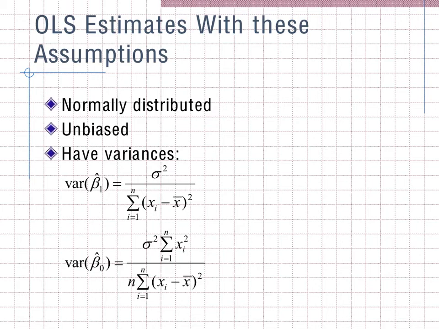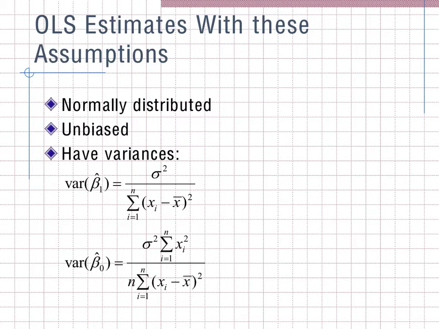Now, with the assumptions that we made before about the properties of the residuals, that they're normally distributed, have the same variance, have a mean of 0, and are independent, we can derive the properties of the randomness in the estimated values for the slope and the intercept. And here they are.